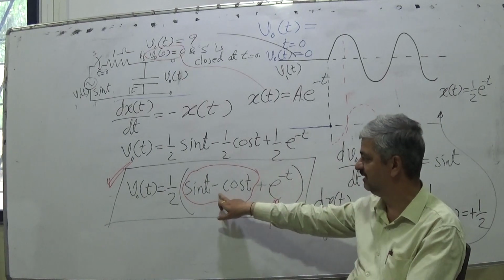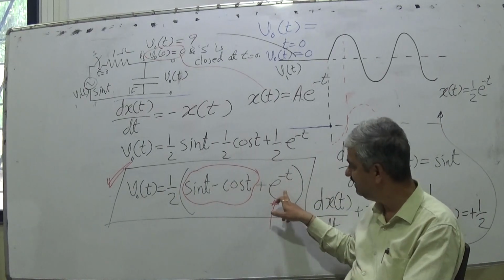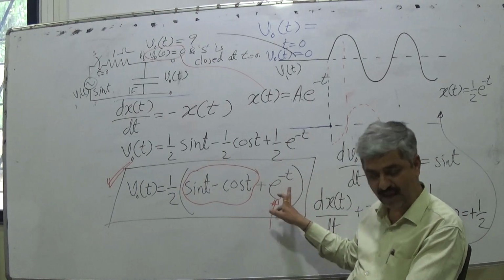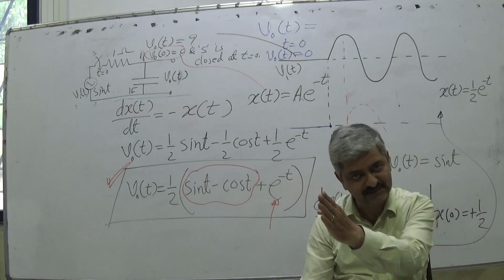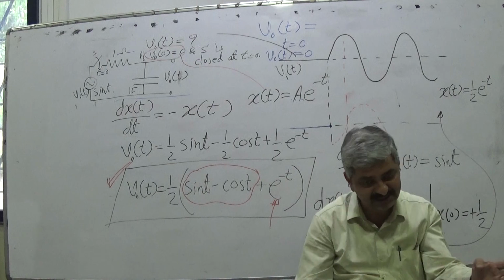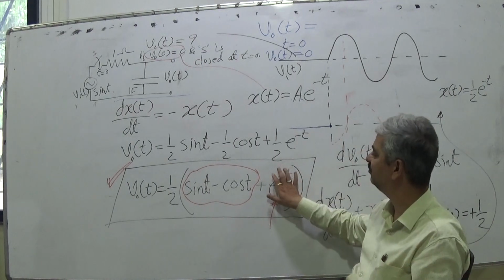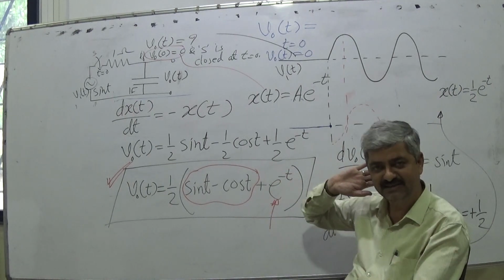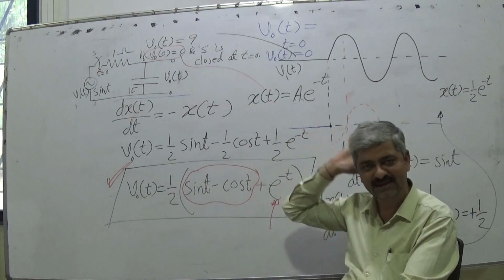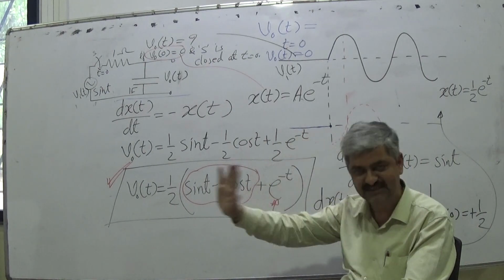After sufficient time elapses, this decaying exponent dies down to a negligible level.